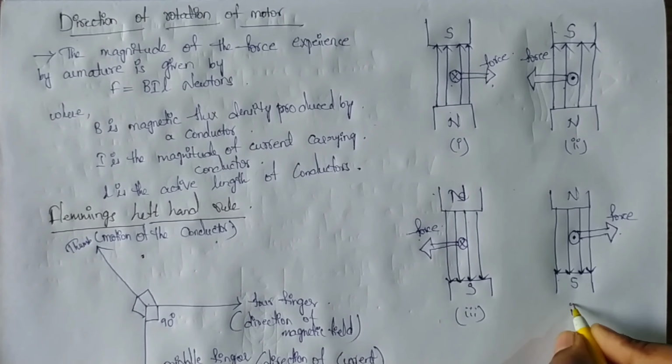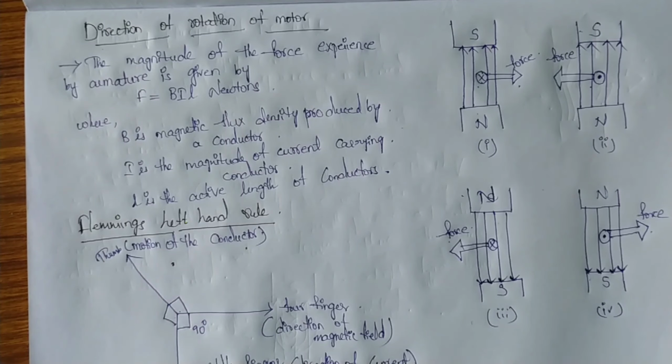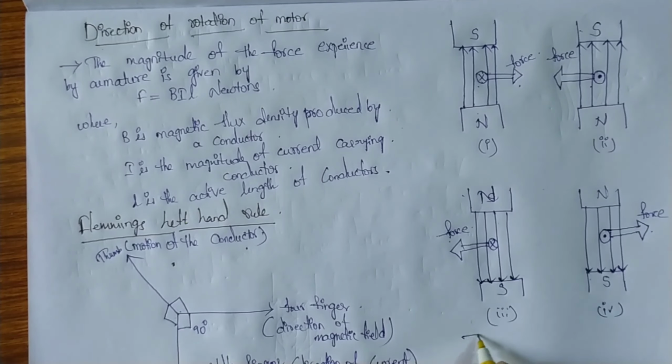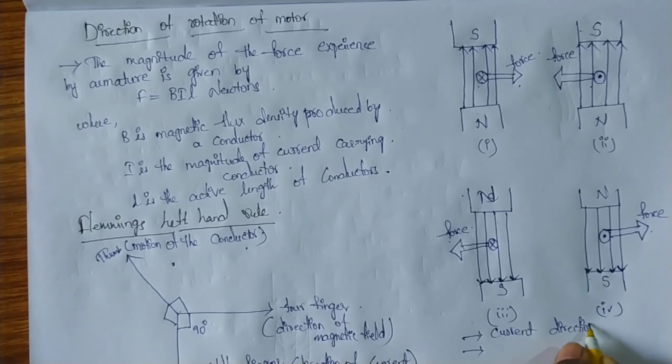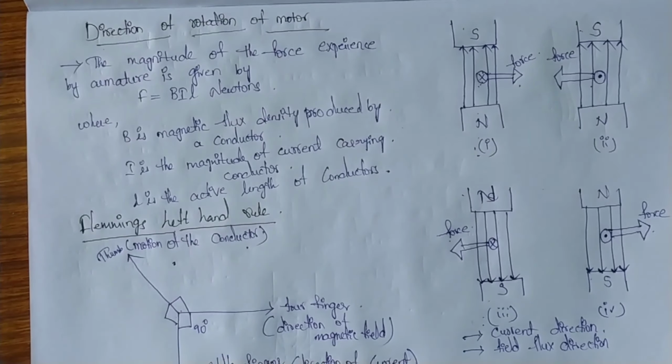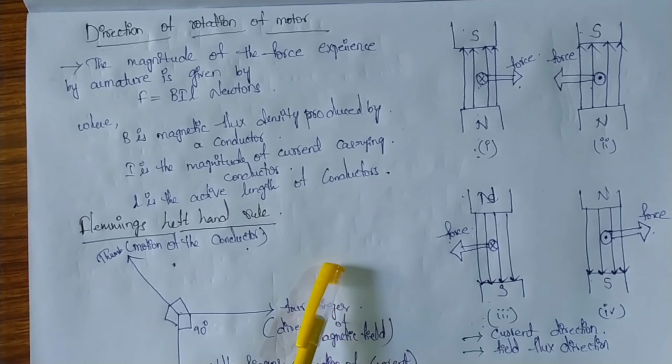From this we can observe that there are two ways to change the direction of rotation of the motor. First is changing the current direction, and second is changing the field flux direction. So we can change the direction of rotation of a rotor in both ways.